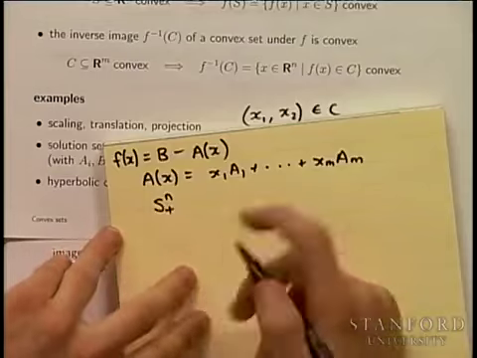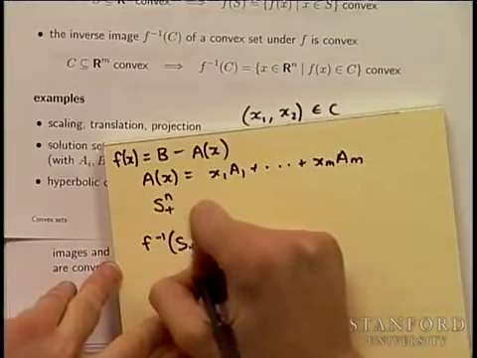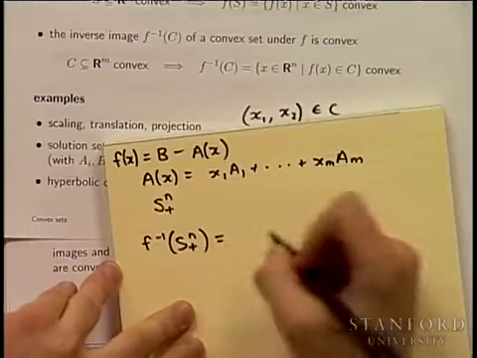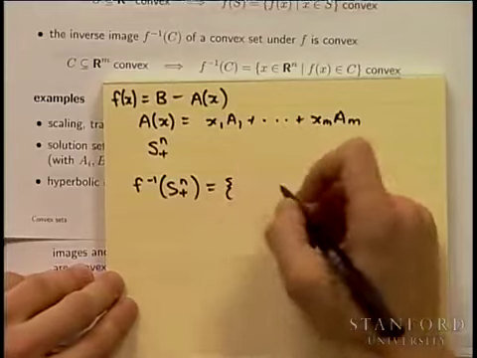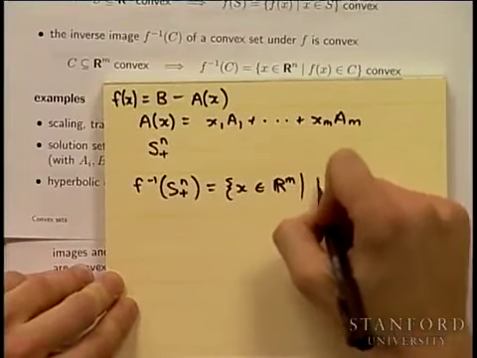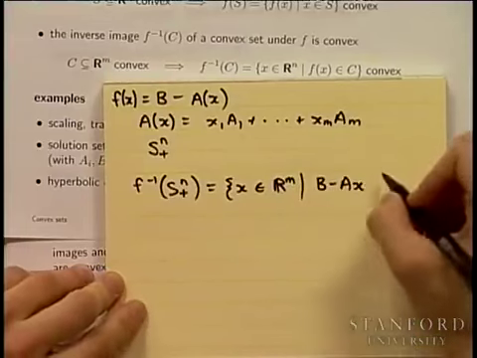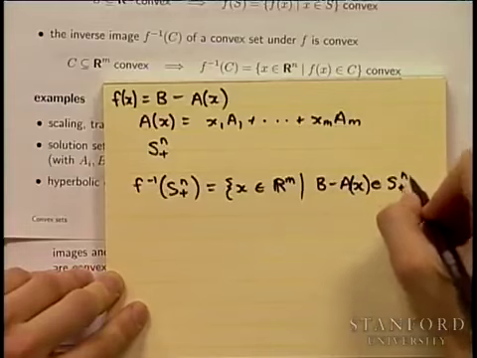Okay? So if we take the inverse image of this set with this function f, what we get is that the inverse image is equal to any x in Rm such that b minus A of x is in the positive semi-definite cone.